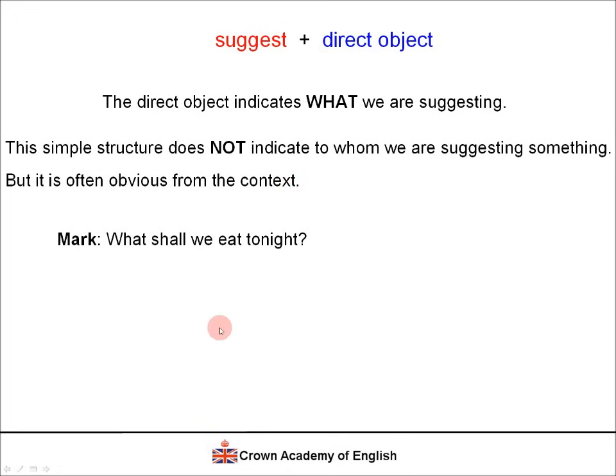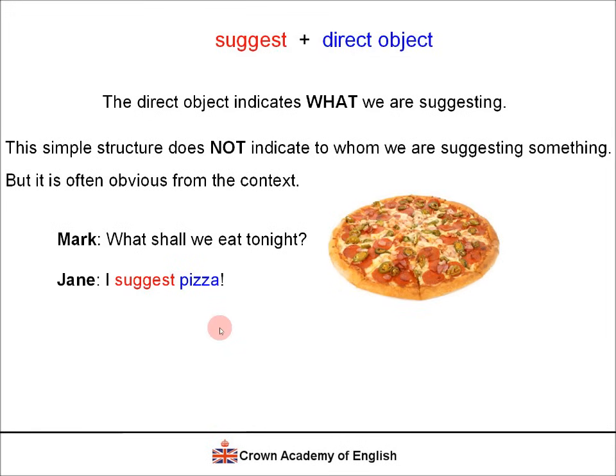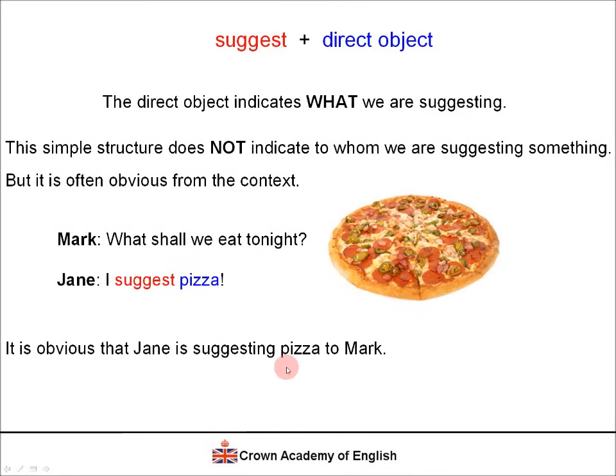Example. Mark asks, what shall we eat tonight? Jane replies, I suggest pizza. So pizza is the direct object. This is a noun. And so this is what we are suggesting. And it is obvious that Jane is suggesting pizza to Mark. It is obvious that the suggestion is for Mark.